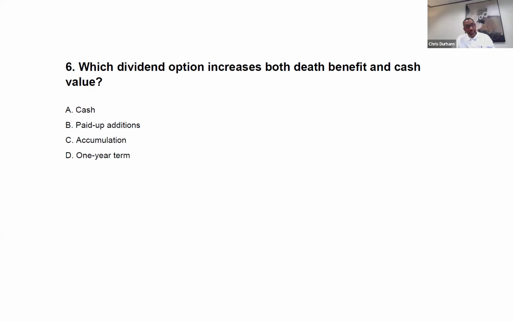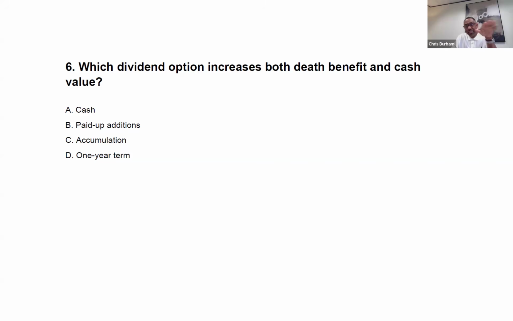That's right. Can you explain that? Well, the question says which dividend option increases, which would give you more insurance or additional insurance. So the answer is B, paid up additions.